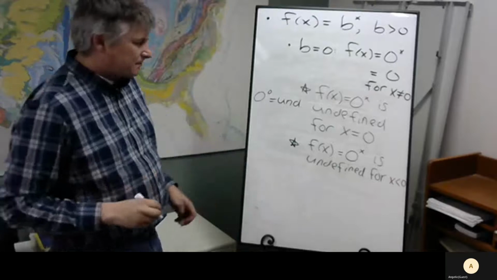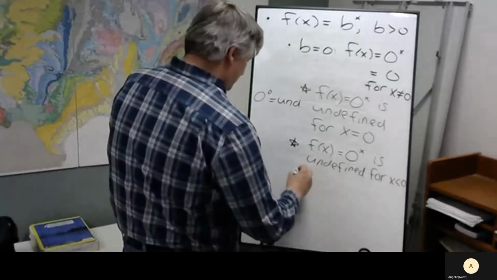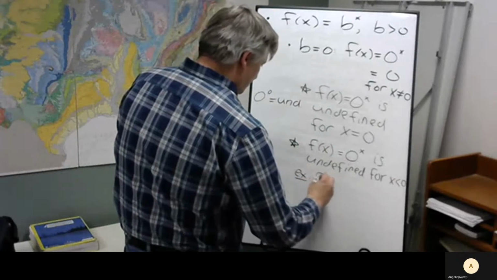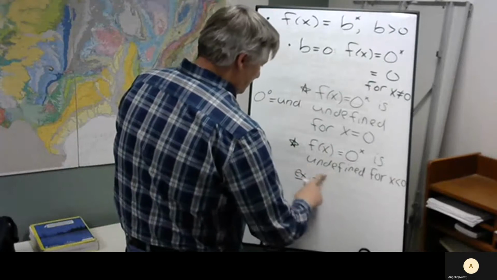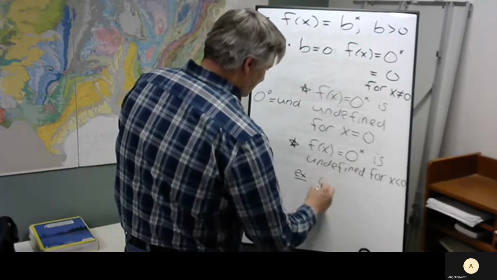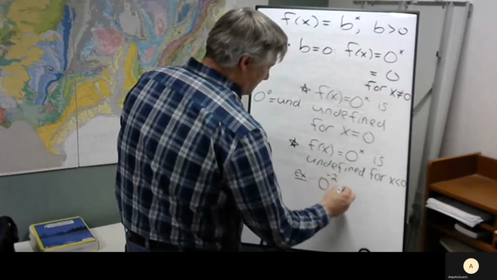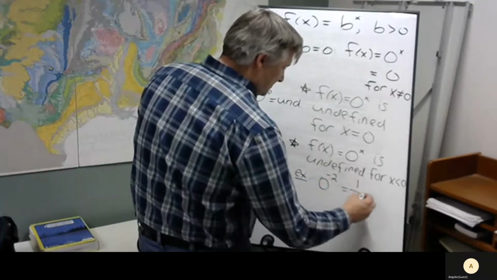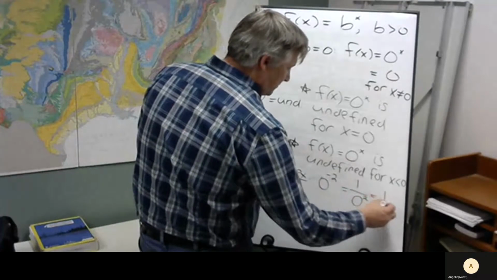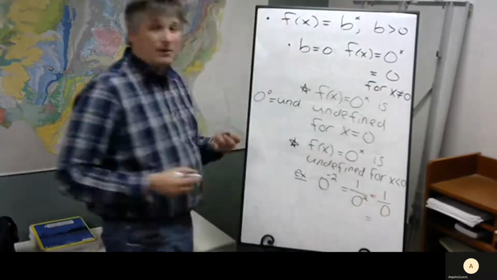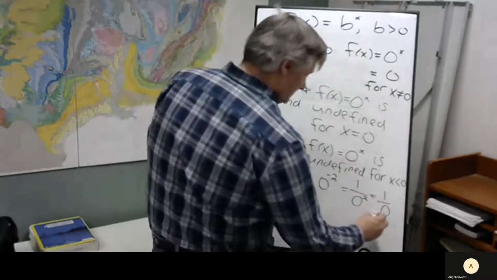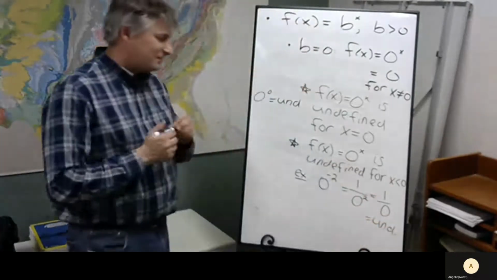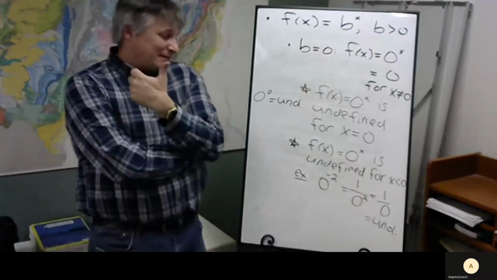And then for this one, let's say we have 0 to the negative 2. Well, that's going to be 1 over 0 squared, or 1 over 0, and division by 0 is undefined. So that's another issue too.